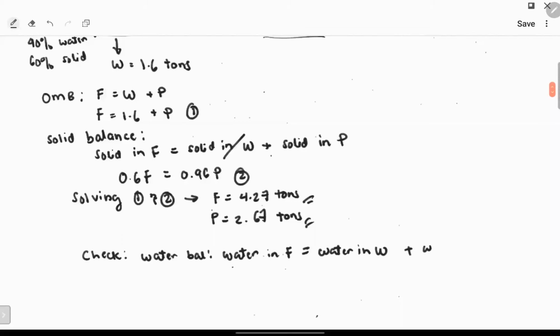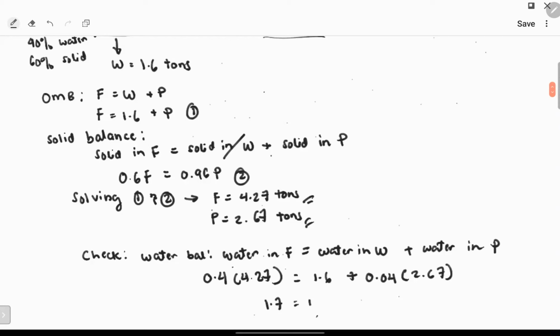Plus water in P. So water in F, that's 40%, right? 0.4 of F. So yung F nakuha natin is 4.27 tons. Mag-equal pa siya dun sa right-hand side. So water in W is 1.6. Plus water in P, sabi natin, 4% yung water sa P. So that's 0.04 times the amount of P, which is 2.67. And it turns out na the right-hand side is equal to the left-hand side. So therefore, tama yung ating sagot.